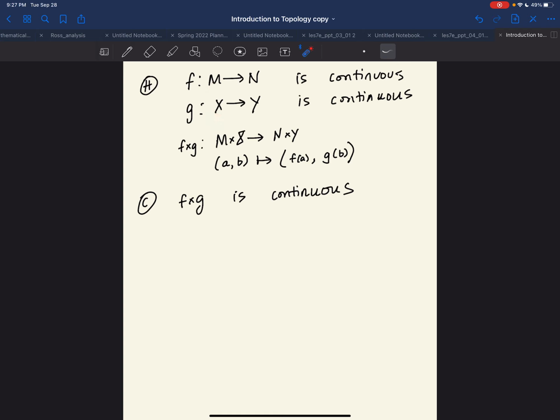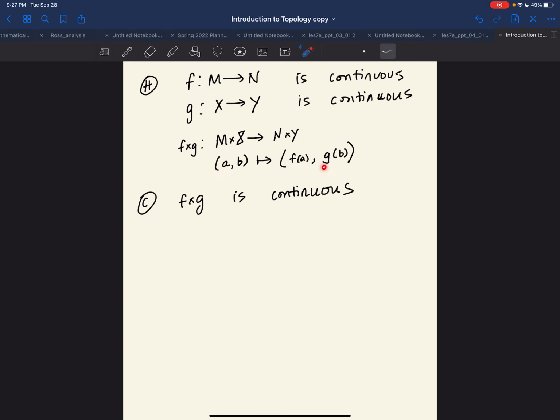And here's how it's defined. So for a point in m cross x, the first coordinate belongs to m, the second coordinate belongs to x. So for your output, the first coordinate is going to be f applied to the first coordinate of your input.